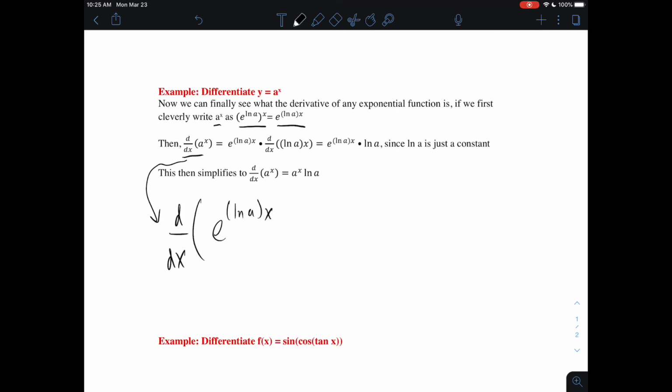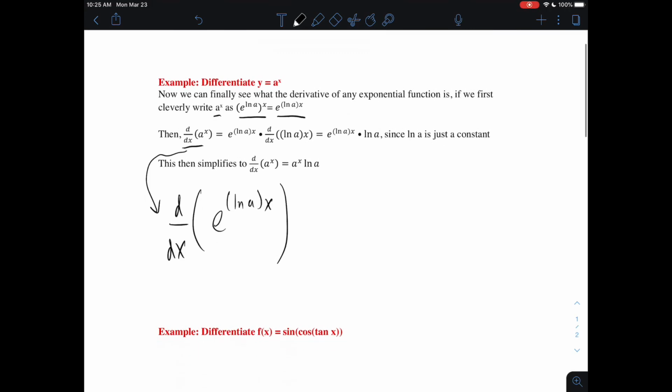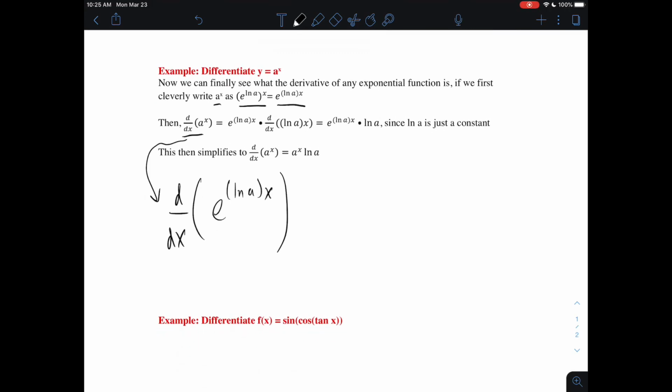And we can see that we're taking the derivative of an exponential function, but inside we have a constant times x. This is exactly like what we had in the previous example, e to the 3x. So then this turns into the exponential function just as it is, just like we had e to the 3x before. Now it's e to the natural log a times x.